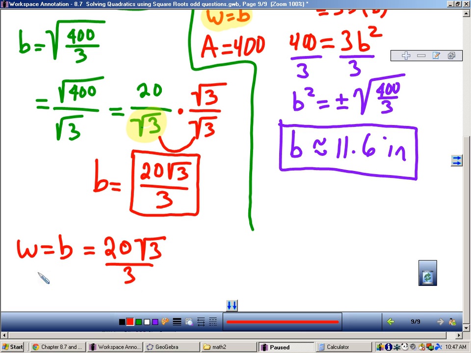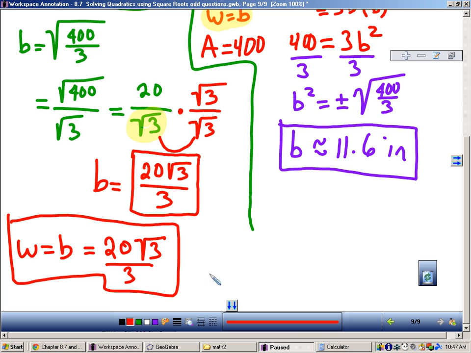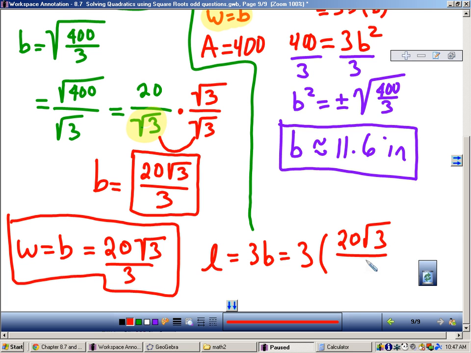And so the length was, this is the width, and so my length was equal to 3B, which is 3 times B, and again, you have a whole number 3 and a denominator of 3, so you can cross reduce.